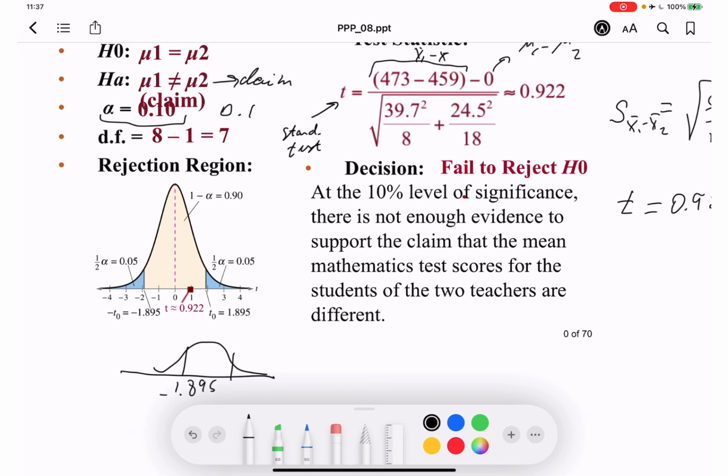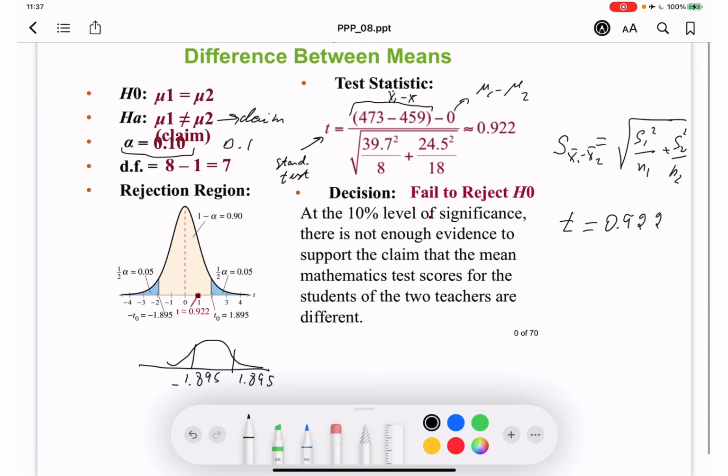I'll tell you in a minute how we got it. Remember, we get t critical based on alpha, that is equal to 0.1, and based on degrees of freedom. Since we have two sample sizes, one is 8 and one is 18.